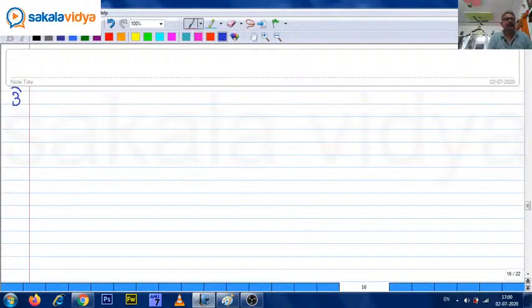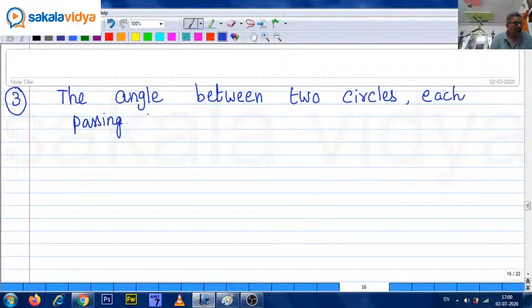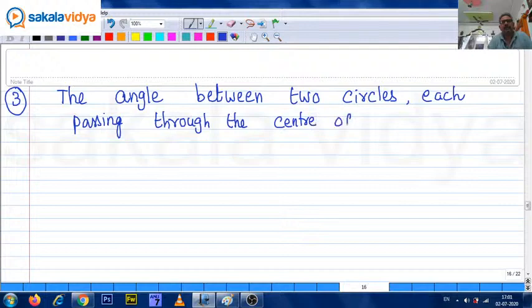Third question. The angle between two circles, each passing through the center of the other, is.